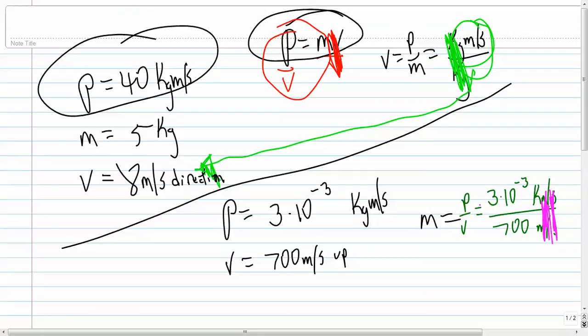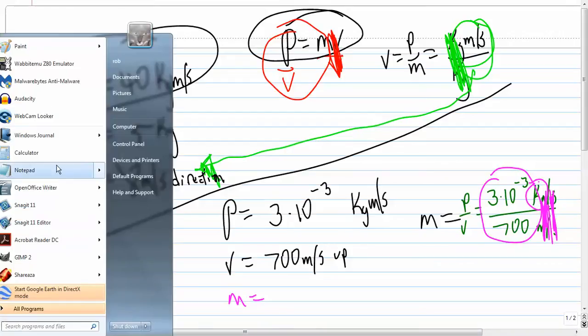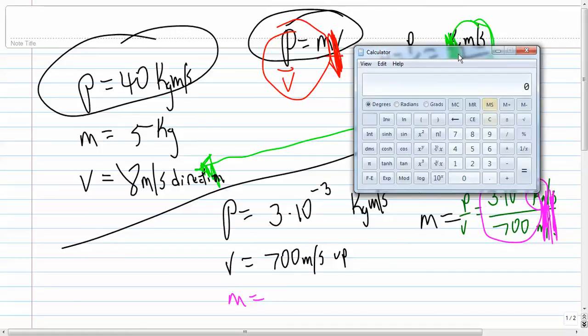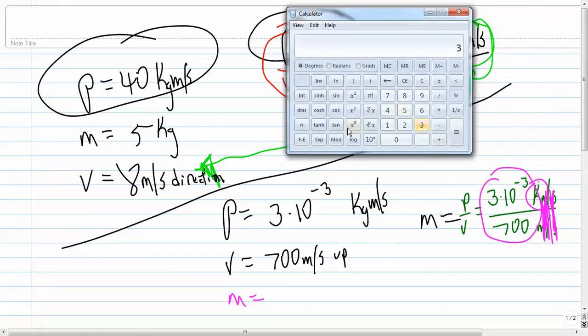That's gone. So our answer is going to be in kilograms, and that is good because that's what mass is measured in. So what math do I have to do? I have to go 3 times 10 to the negative third divided by 700. So on my calculator, I'm going to go 3 times 10 to the negative third divided by 700.